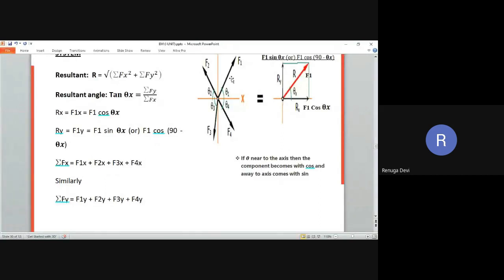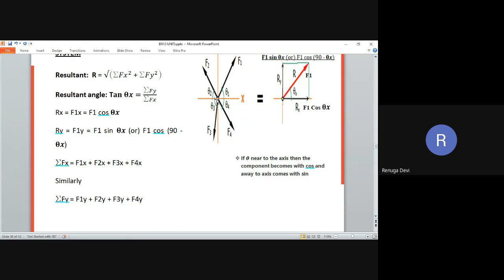Why do I need to find out the forces like this? This is a basic thing, but suppose for example a person is tied up with 4 ropes. Which side the person can move, we can justify with the help of this particular force system.